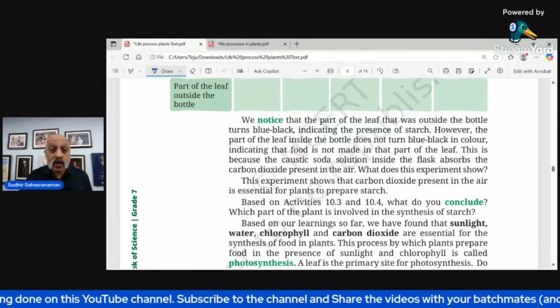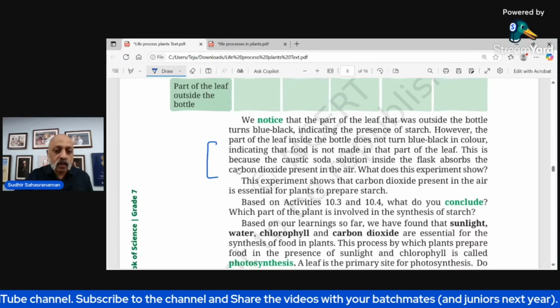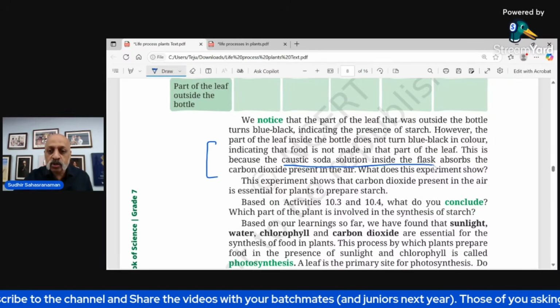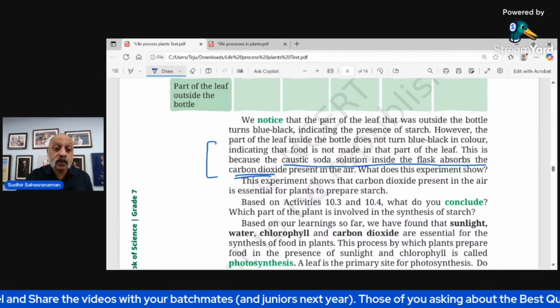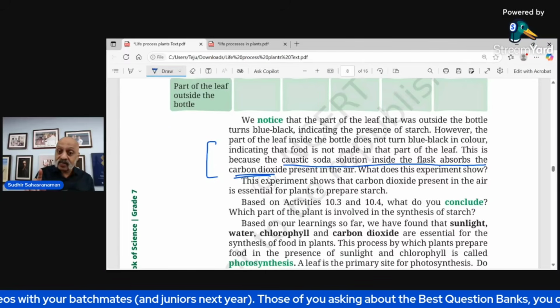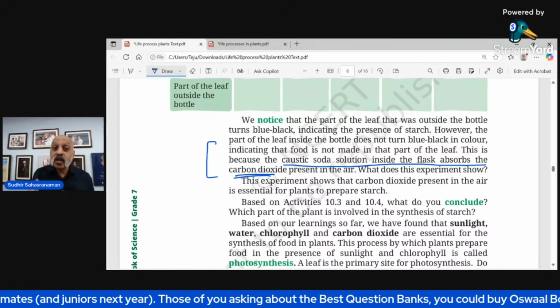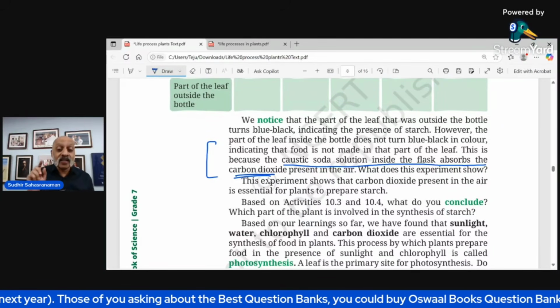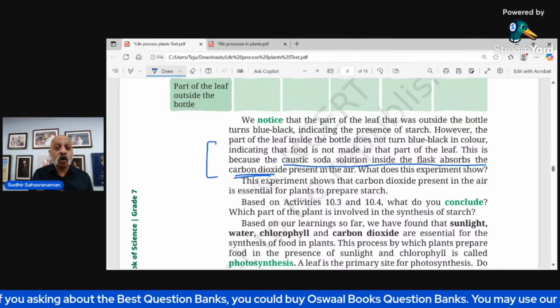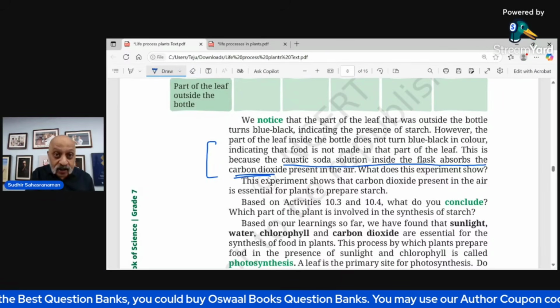What is the reason? And you need to know this reason, because the caustic soda solution inside the flask has absorbed the carbon dioxide which is present in the air, and this shows that carbon dioxide is important for the production of food by a leaf. Understood or not?